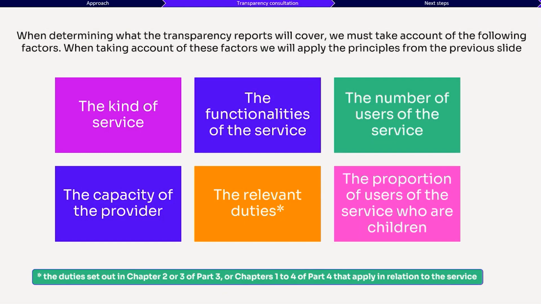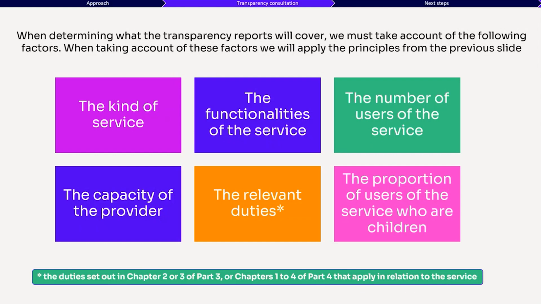So in ensuring that the information we require is relevant, appropriate, and proportionate to ask for, we need to consider a series of factors. Some of these factors are outlined in the Act, and those that you'll see on the slide here are all outlined in the Act as factors that we need to consider when deciding what information to put in transparency notices.